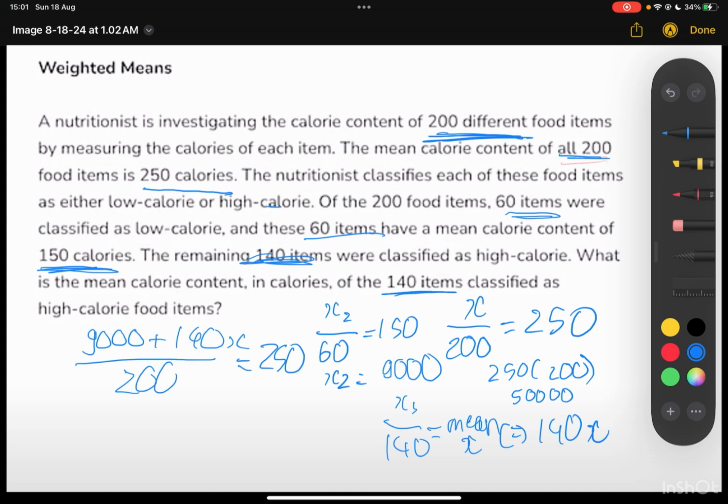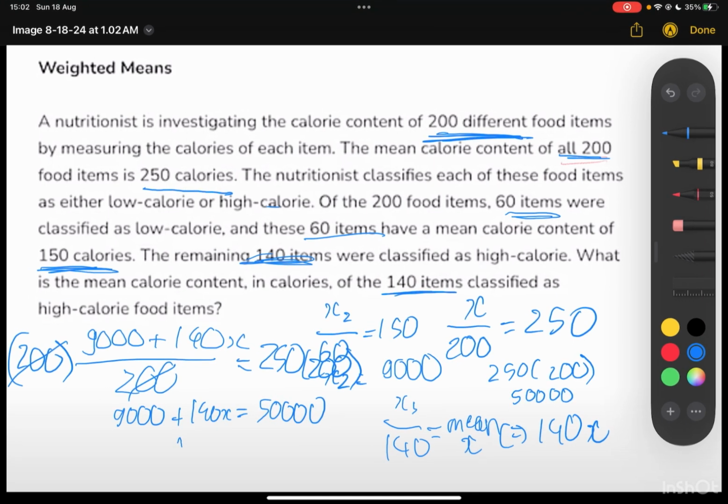So in order to find the total, we're going to multiply both sides by 200. As we do this, we're going to find the value of x. So as we cross this out, we're going to have left 9,000 plus 140x equals 50,000.